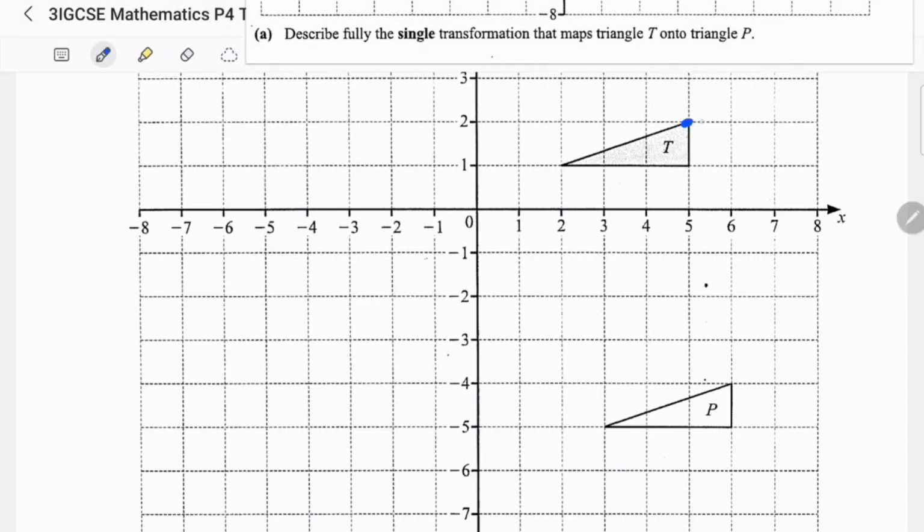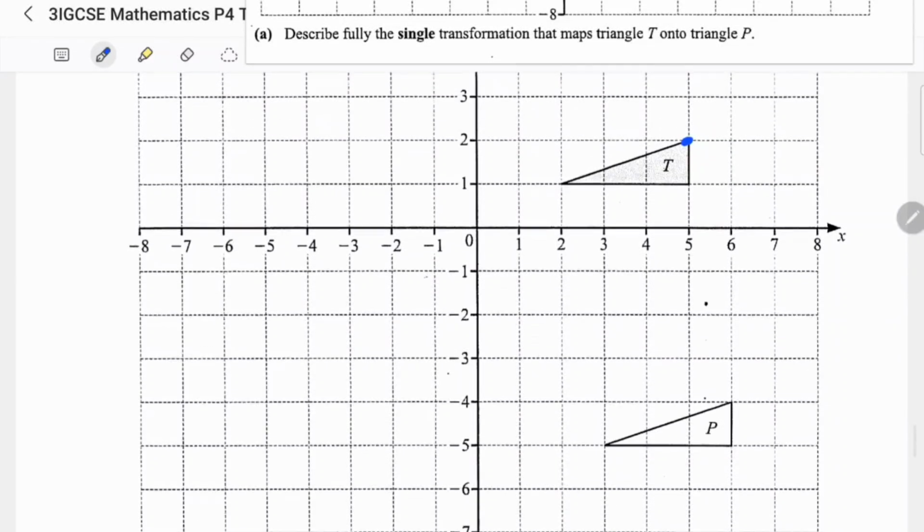Okay, so for the T coordinate, any one coordinate you can see, that is 5 and 2, and its corresponding point will be equal to 6 and minus 4. So whenever we just look at the x number, it's moving forward one number.